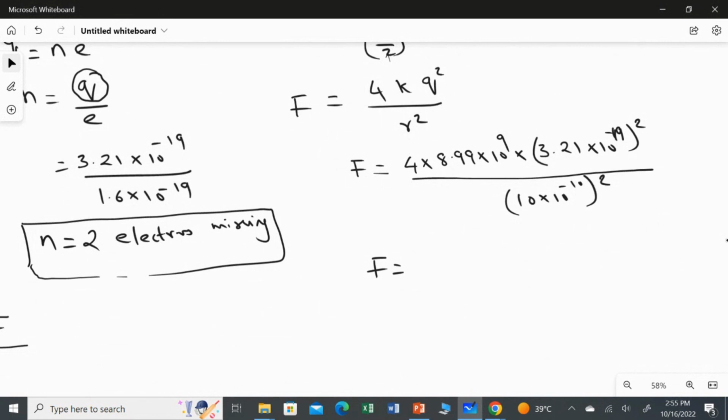4 multiplied by 8.99 10 to the power of 9 multiplied by 3.21 10 to the power of minus 19 square divided by 10 multiplied by 10 power minus 10 the whole square.